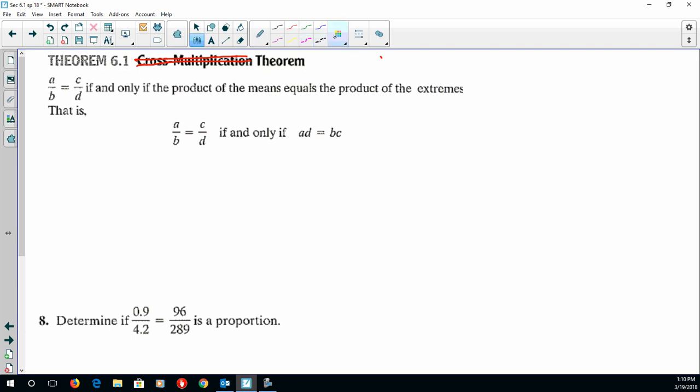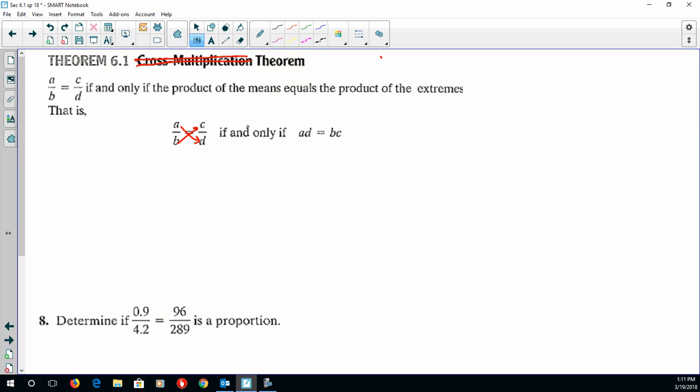So what this is, is that A over B equals C over D if and only if the product of the means equals the product of the extremes. That is, A over B equals C over D if and only if AD equals BC. So the idea is A times D equals B times C. And that's why it's called cross multiplication.